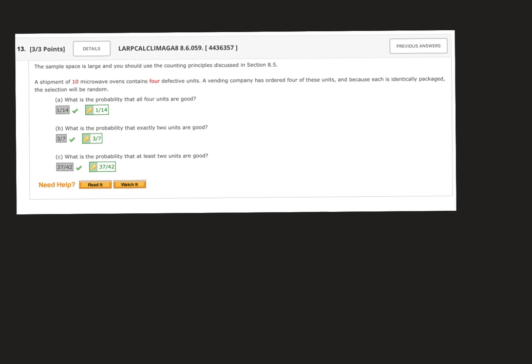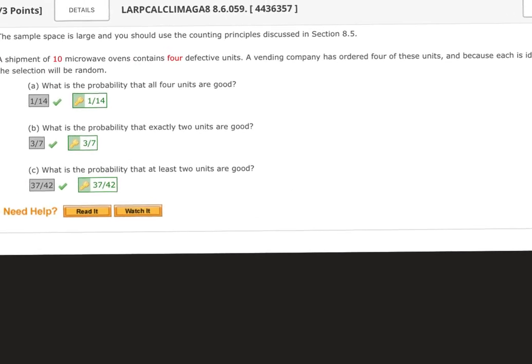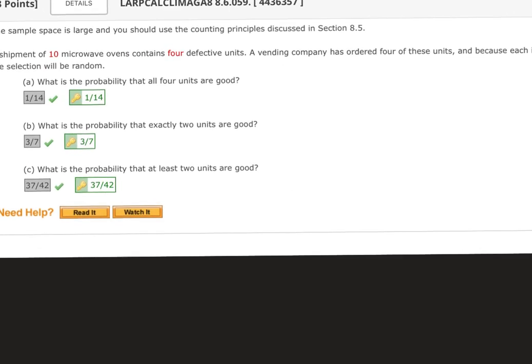So you have to look at this as like, what does that mean in terms of an "and" or "or" statement, right? If it's all good, that means we want the first one to be good and the second one to be good and the third one to be good and the fourth one to be good, right? So as they're taking off these units, would it be an independent or dependent event to go grab that second one?